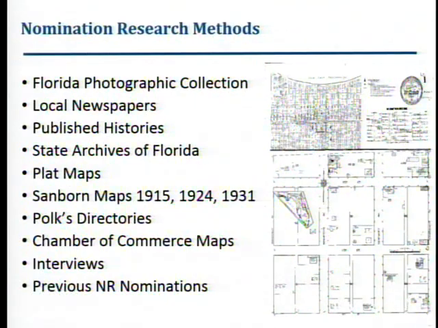Just listed here, this is a historic Sanborn map. This gives you an idea of some of the area that we initially surveyed and then wrote the nomination for. And this gives you an outline of the methodology that we used to create the research to write the nomination. One thing that we were a little weak in, if you will, are interviews, because right when the shutdowns happened in March, we could not get to repositories, we could not even find a hotel to stay in, and we couldn't talk to people.